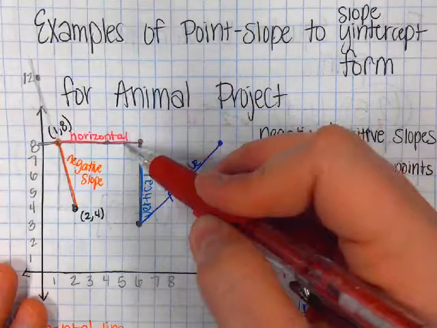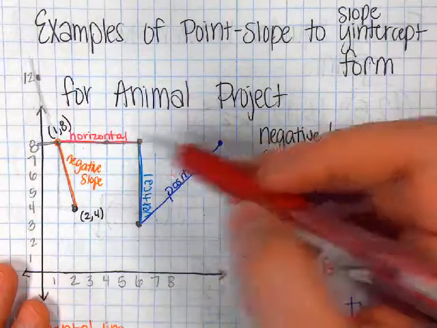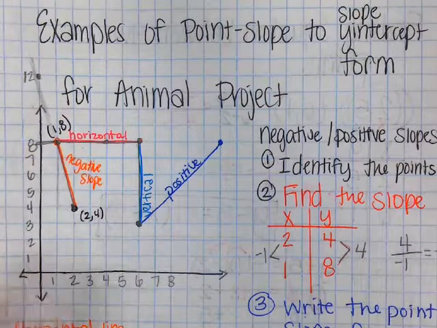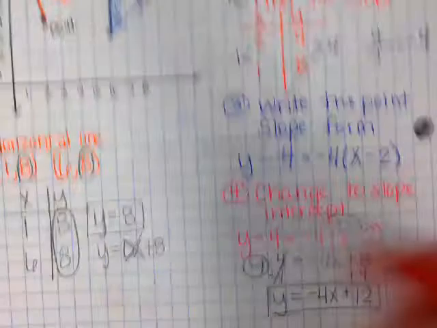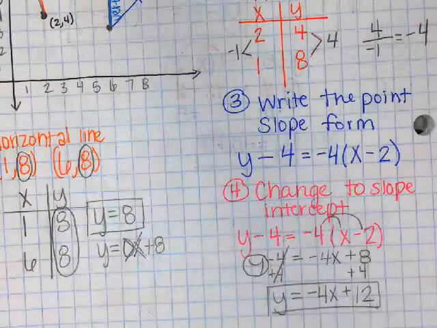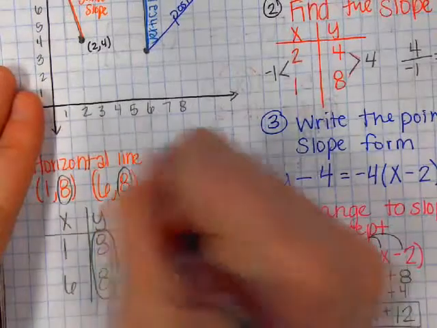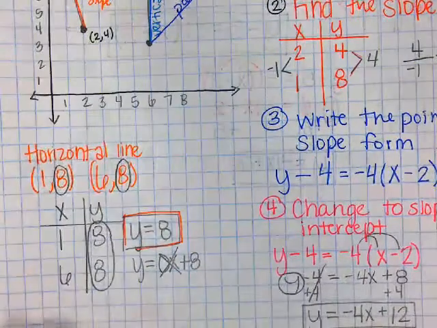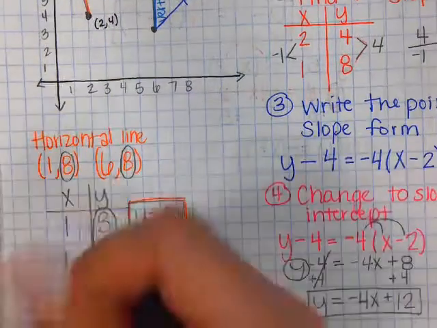So like right here, that's 4, 8, 5, 8, 3, 8. I could extend it way, way over, and it would be 100, 8. Every y value is 8. So that is really it. Your equation is just y equals 8.